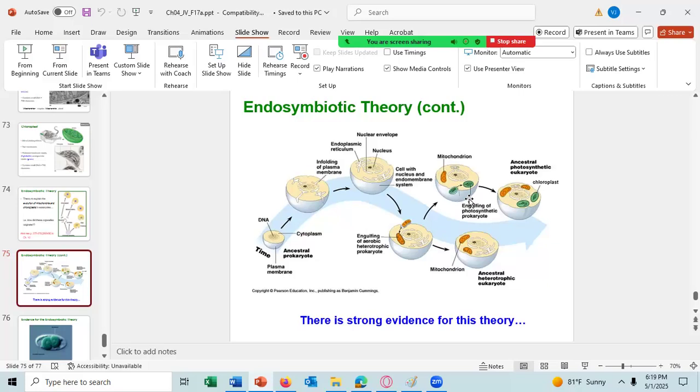So at the moment, it is a bacteria that is living in symbiosis with the eukaryote cell that has engulfed it, but it is evolving into a membrane-bound organelle, meaning it is no longer a free-living bacteria. It requires the eukaryote cell to live in, and in terms of evolution, it'll soon become a membrane-bound organelle in the eukaryote cell. Any question about any of that?